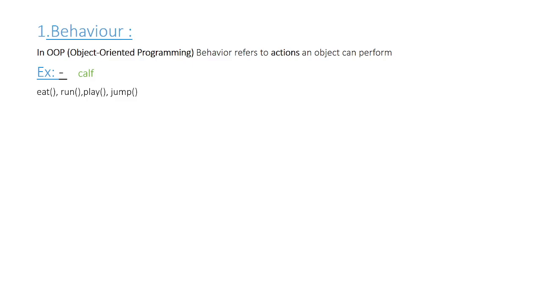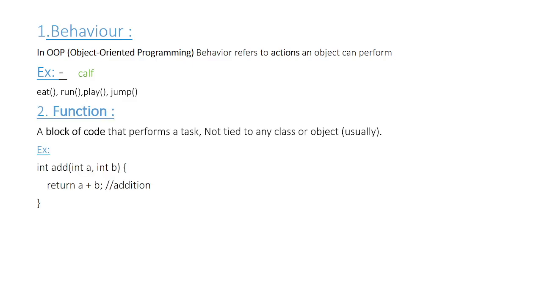Someone will say dog. What does a dog do? It will eat, run, play, and jump. This is the behavior of the dog, and any animal's behavior is this only. Behavior is nothing but actions.